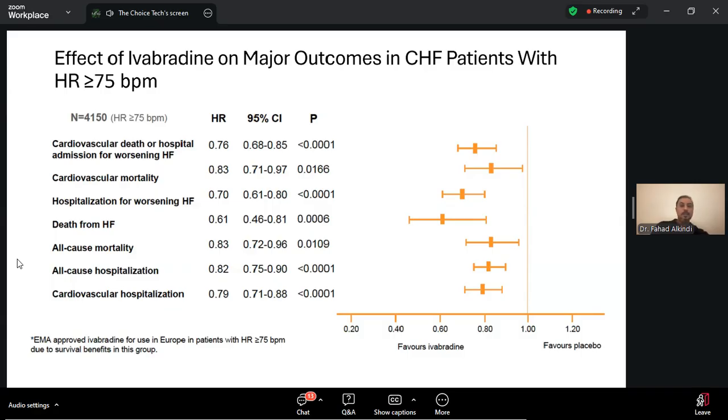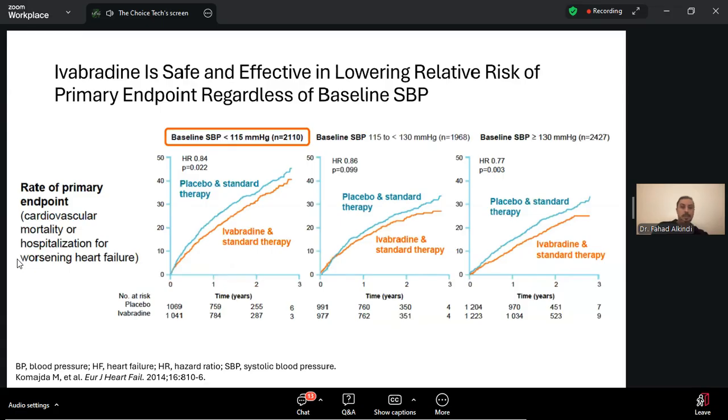That's why ivabradine is one of the medications that has shown a major outcome benefit, especially in patients with heart failure and reduced ejection fraction. And you can see the impact of ivabradine in this SHIFT trial, not only on cardiovascular mortality, it's also on rehospitalization and overall mortality.